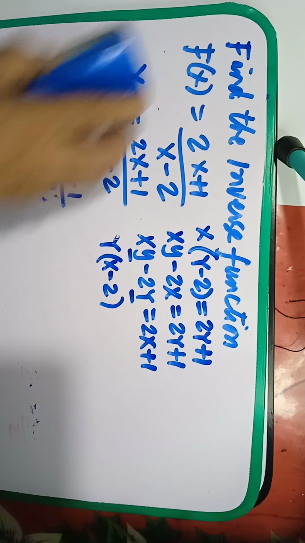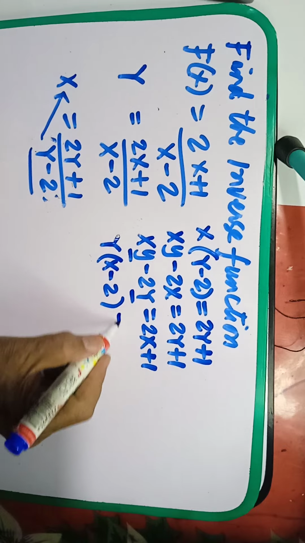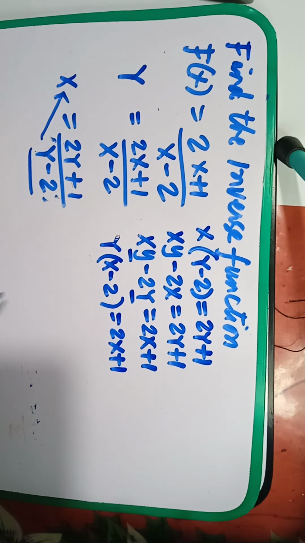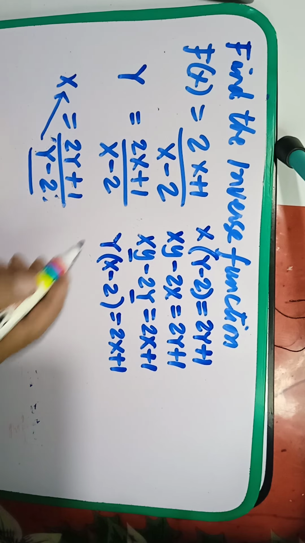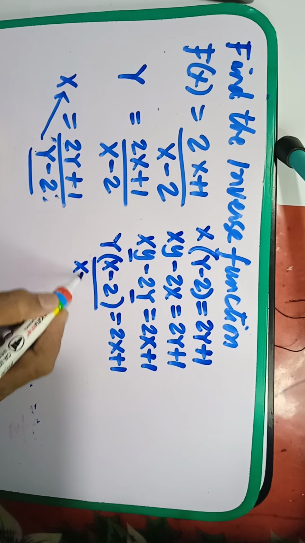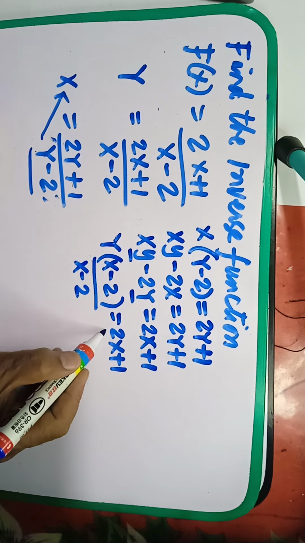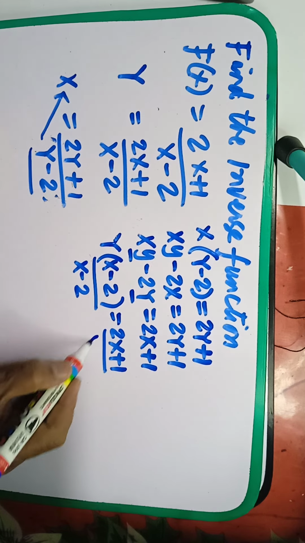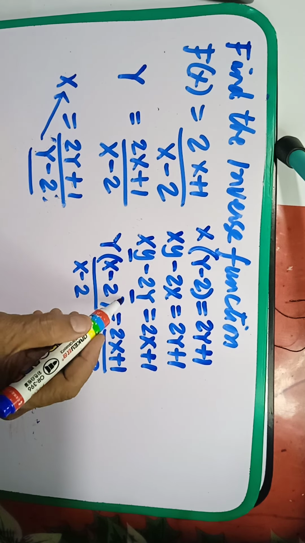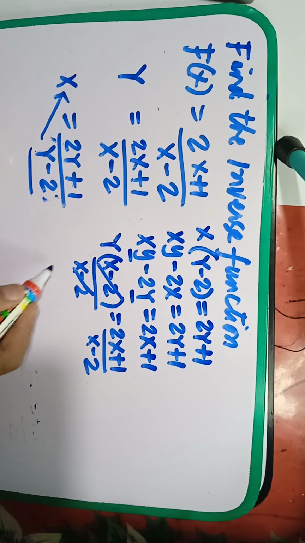Then copy the terms in the right side. After that, x minus 2 becomes the coefficient of y. And so we divide it by x minus 2. Divide the right side also with x minus 2. So it can now be cancelled because they're the same.